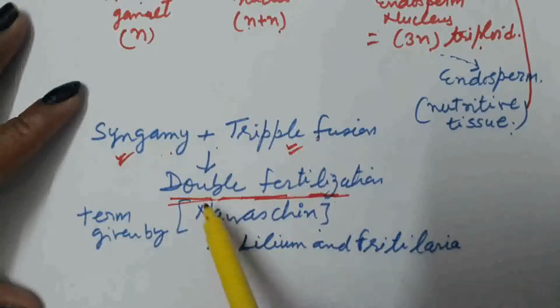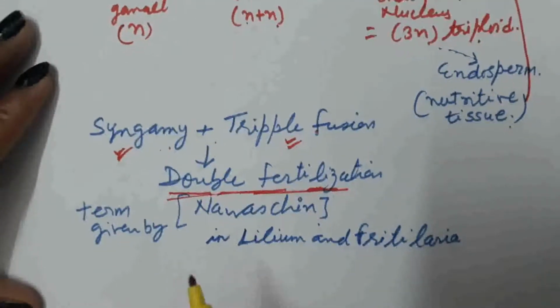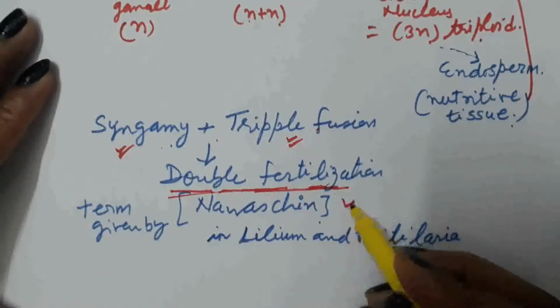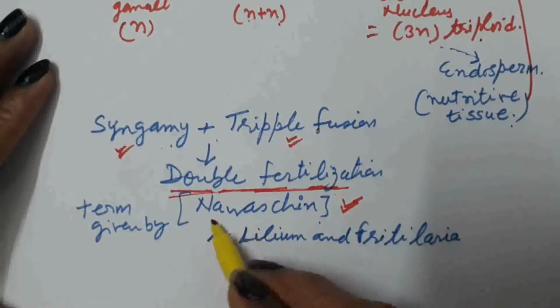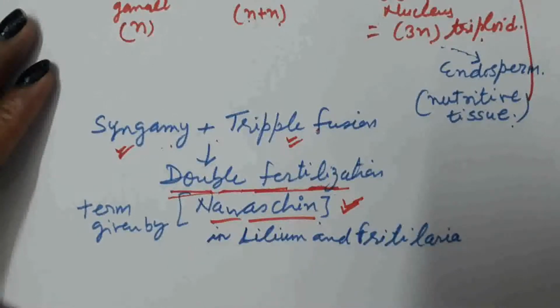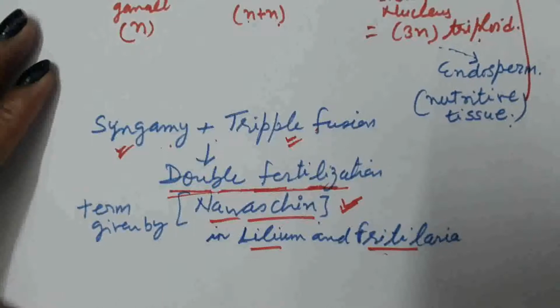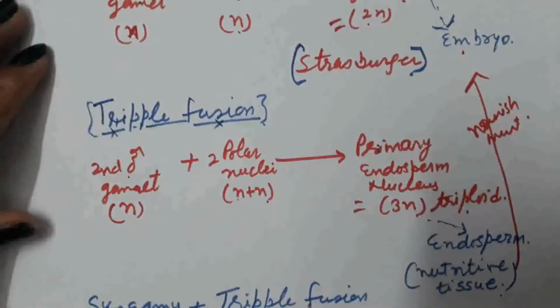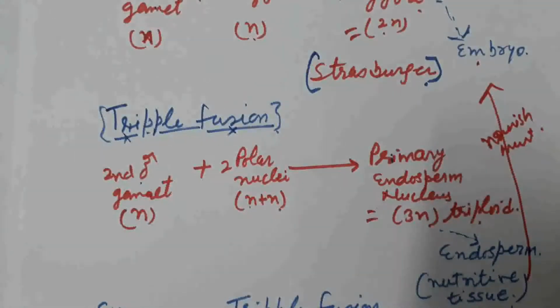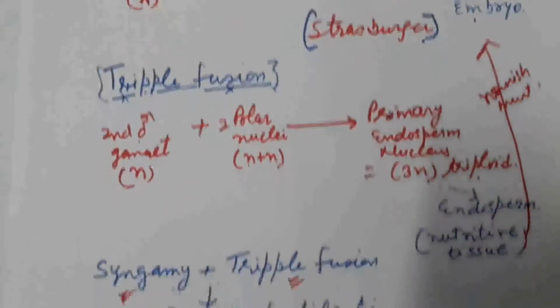Syngamy plus triple fusion together constitute double fertilization. The term double fertilization was given by Nawaschin. In plants like Lilium and Fritillaria, they clear the concept of double fertilization. So what we see here is how double fertilization takes place in angiospermic flowering plants.